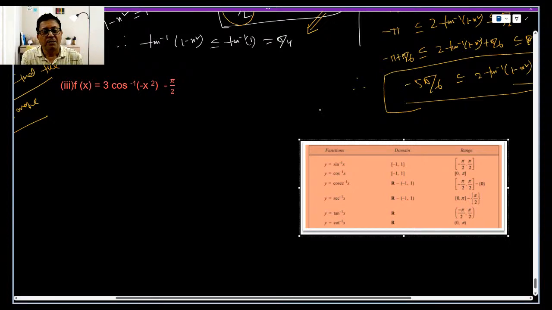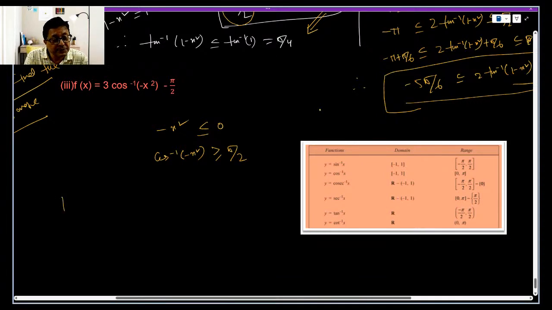Understood? Minus x square is always less than or equal to 0. Isn't it? So what about cos inverse of minus x square? Cos inverse will be opposite, it will be reversed. So cos inverse of minus x square will be greater than or equal to pi by 2. Clear? So for finding range of f, you start in this manner.